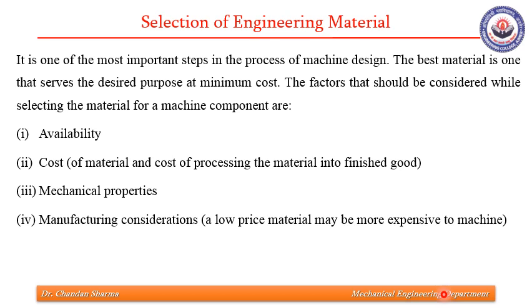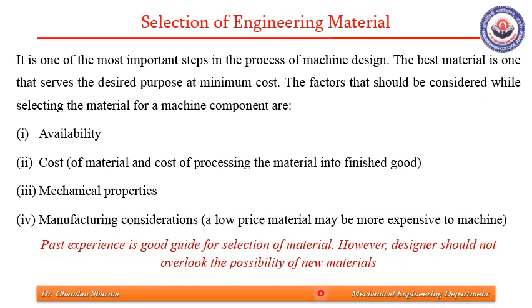So these criteria help in selecting a suitable material for the given application. Past experience is a good guide for selection of material. However, designers should not overlook the possibility of new materials, because only then will we be able to design components that fulfill most of the design considerations.